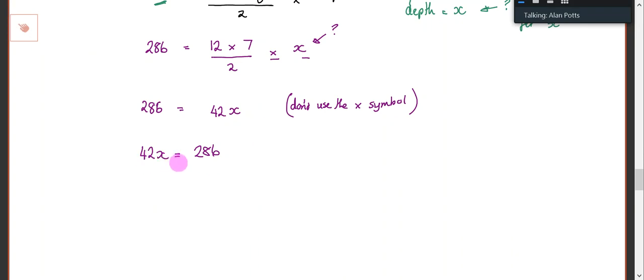So I've got 42 x's. If you remember on algebra tiles, that's like having, if one block was an x, 42 of them, and on this side of the line, we'd have 286. So we'd have to split the 286 into the 42 boxes to find out what each box was worth, yeah? So x is 286 divided by 42.